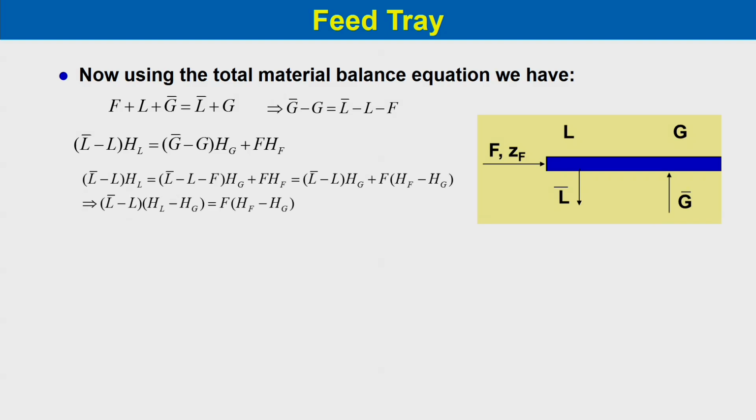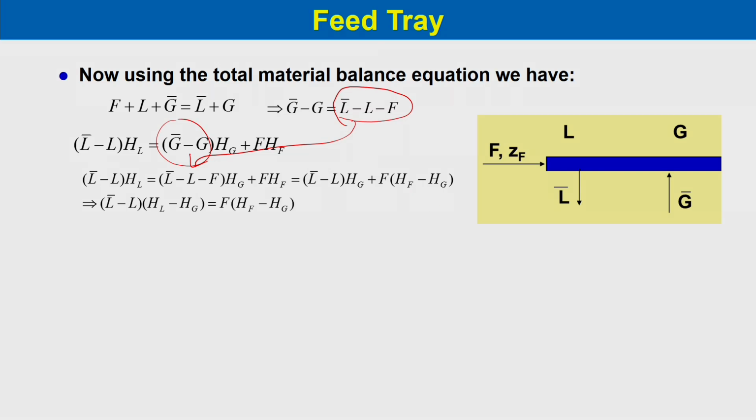So, if we substitute G bar minus G as L bar minus L minus F, then we will have (L bar minus L) into HL is equal to (L bar minus L minus F) into Hg plus F Hf, which is equal to (L bar minus L) into Hg plus F into (Hf minus Hg).